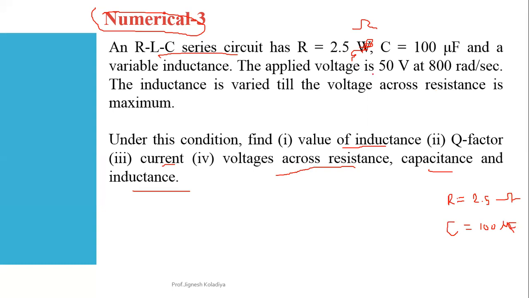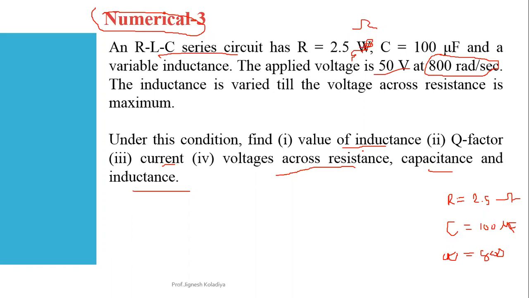Applied voltage is also given 50 volt, and the frequency, omega, is given in radian per second. Omega is equal to 800 radian per second.